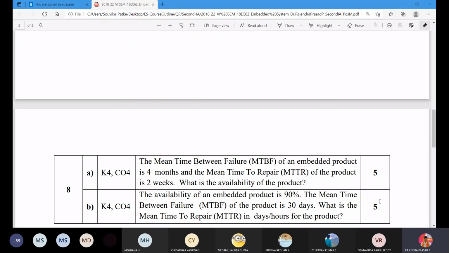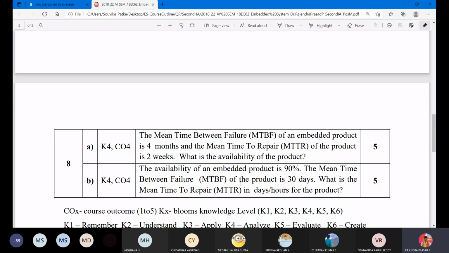So you are not doing smart work, you are doing hard work. Why? Because your 8th A and B was only with one expression: Availability equal to MTBF divided by MTTR. So these two problems are very simple. 2 marks they should give.